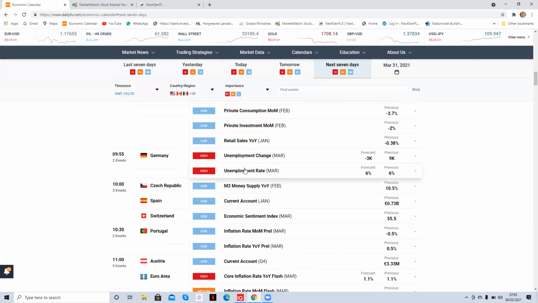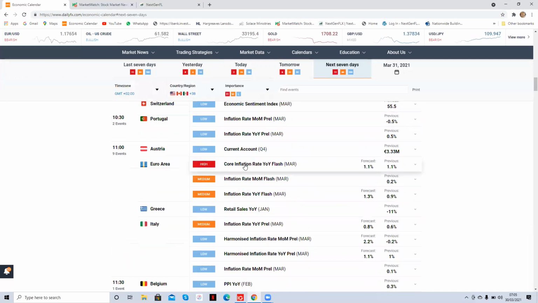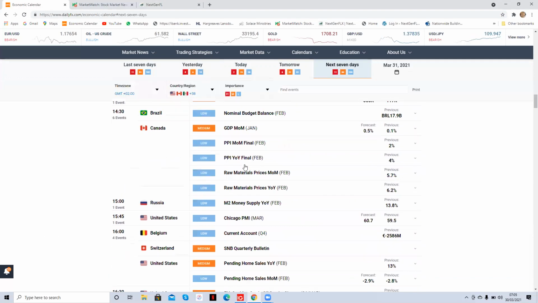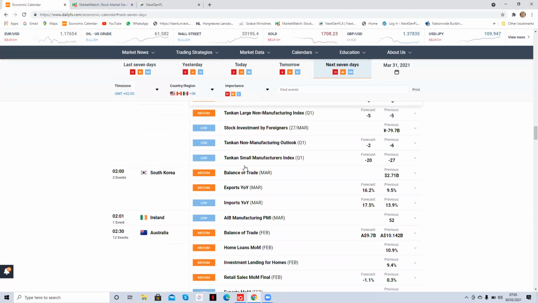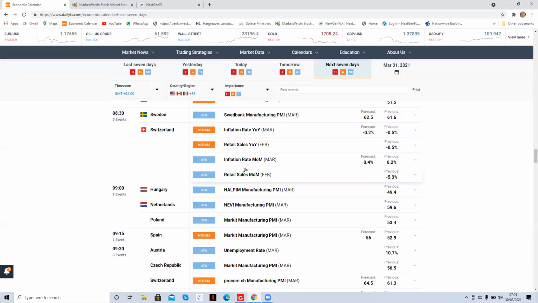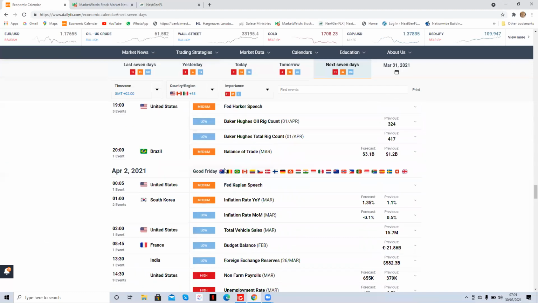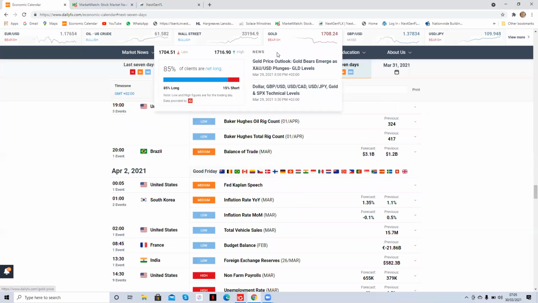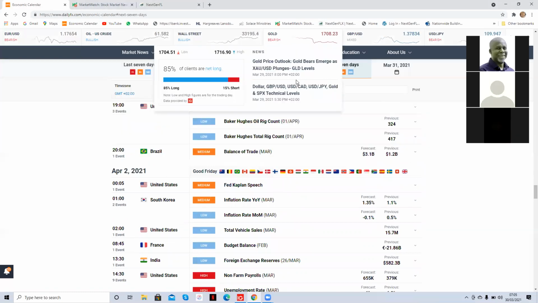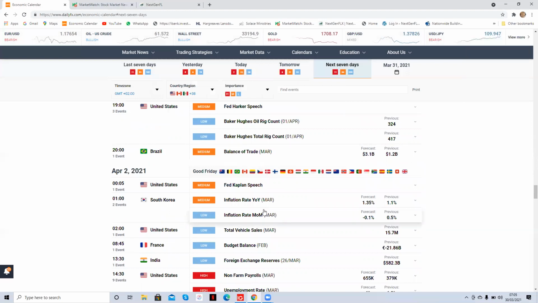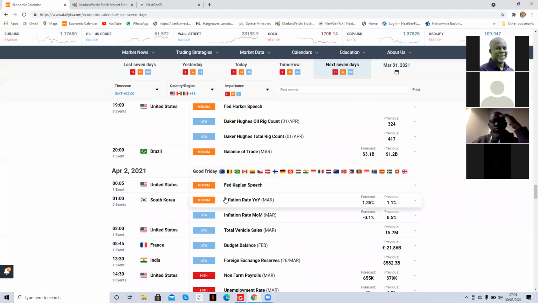We can also see the Germany unemployment rate tomorrow and the Euro area inflation rate, but the big one really is the US unemployment rate report on Good Friday. It's very interesting this week because Good Friday, the 2nd of April, is a public holiday in the UK, a bank holiday, but the US unemployment rate report is still due out, which is a bit weird.